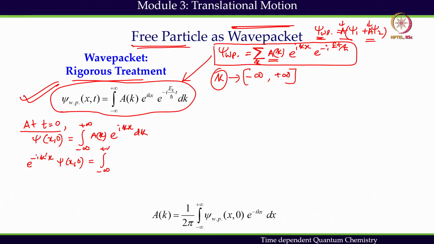Here also I multiply a k e to the power minus I k dash x. This is the mathematical trick I am going to use to get the analytical solution, and then I will integrate both sides from minus infinity to plus infinity with respect to dx.